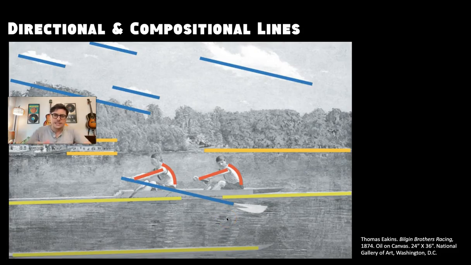So they're going in a different direction, but we see all of these types of lines, right? The horizon lines. We see the line of the trees, the lines of the clouds. We even see curvilinear lines here in their backs and their arms. So we have a lot of these converging lines and directional lines, okay?